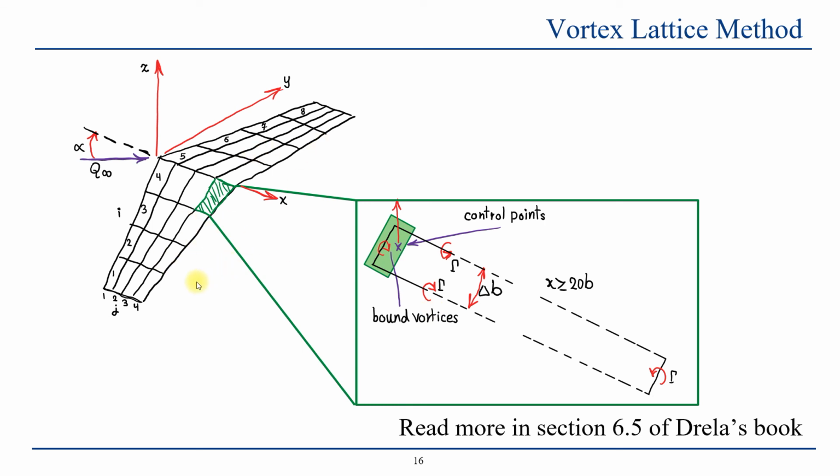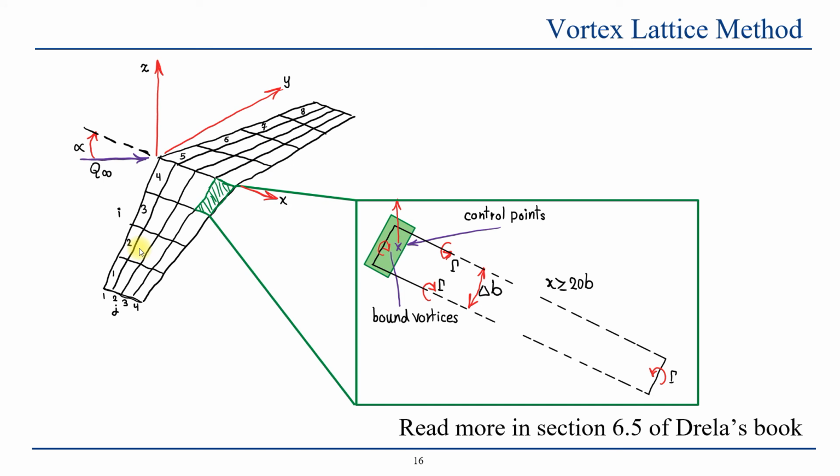They are going to be unknown, using the boundary conditions for the wing that we have, and numerically solving a system of equations to find the unknown gamma or strength values for each of these panels. And once we have those, we will be able to find the overall distribution for lift and drag for the lifting surface or the wing that we are working with.